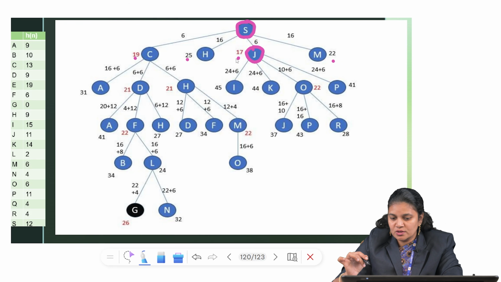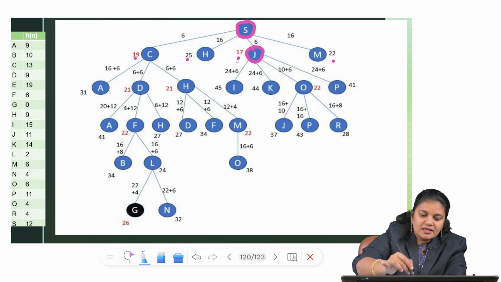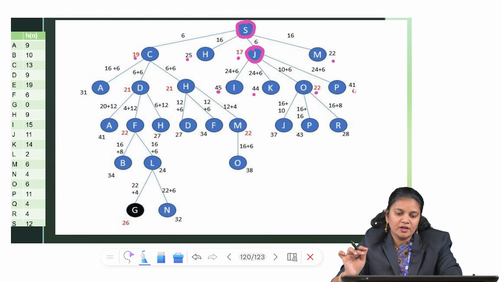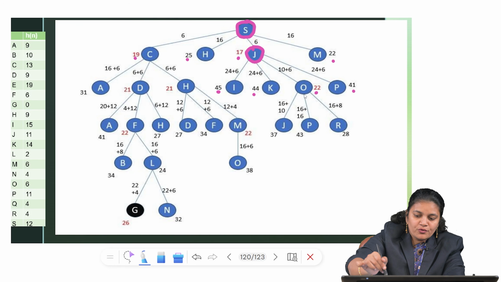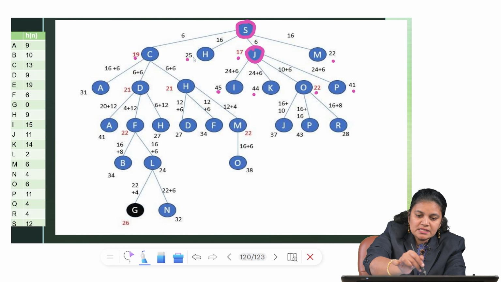J has 4 different children and their F values are 44, 45, 22 and 41. Now we have to keep in mind that we should not try to explore only these 4 vertices. In our priority queue, already M is there with 22, H is there with 25, C is there with 19.